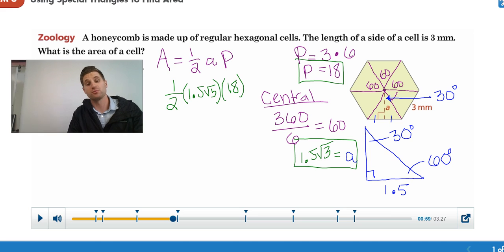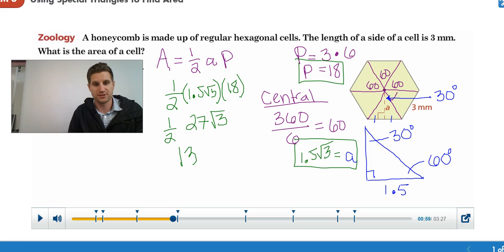So the whole numbers multiply, so 1.5 times 18 equals 27 root 3, and then we take half of it. So we end up with 13.5 root 3, and this is going to be in millimeters, squared millimeters.